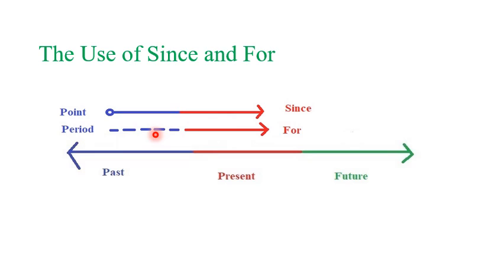You just know that there was a whole duration between point A and point B, then you would use for. When we come to the sentences, you will have a better idea of the difference between the two.